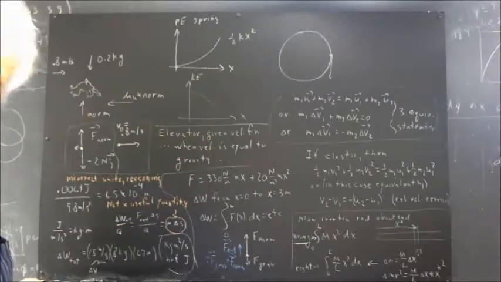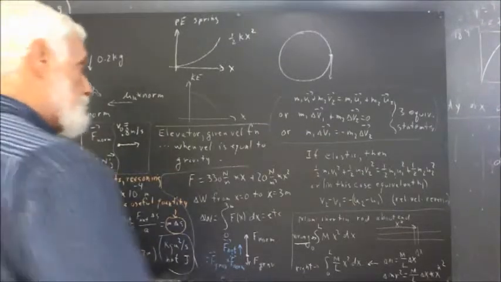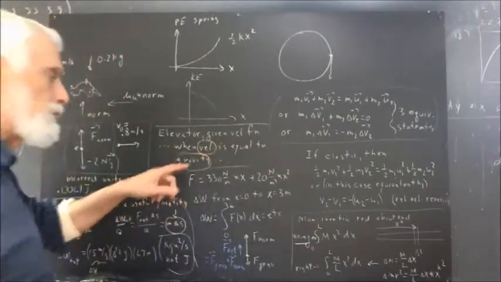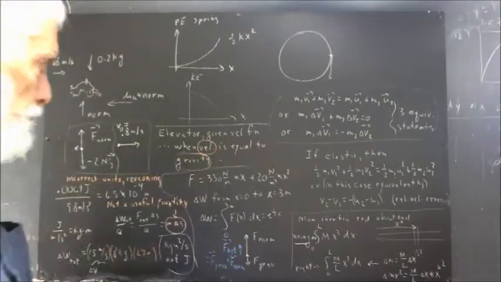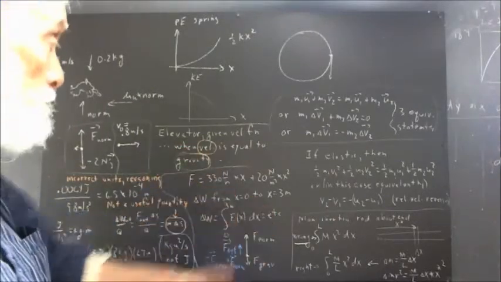Now, there's a clear error in this statement. Velocity and gravity, if we assume that gravity means acceleration of gravity, this is an acceleration, this is a velocity, they can't be equal.